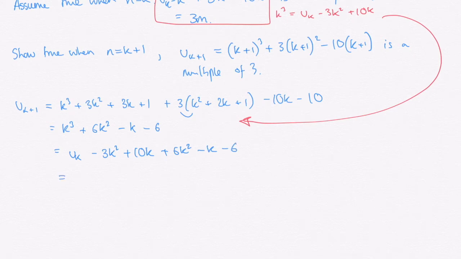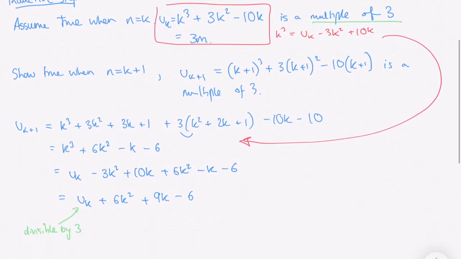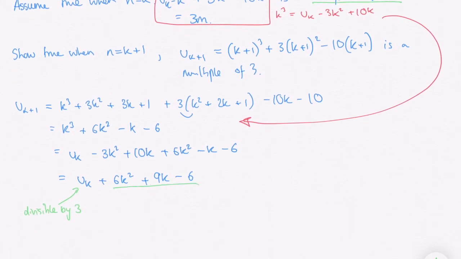And simplifying and collecting like terms, this is u_k plus 3k squared plus 9k minus 6. And this term here is divisible by 3 by our assumption, because we assumed that it was a multiple of 3. And in these remaining terms, there is clearly a factor of 3.